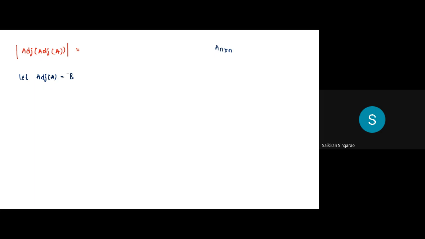I'm calling it a new matrix B. So this will become determinant of adjoint of B. Did you understand this first step? Yes, sir.